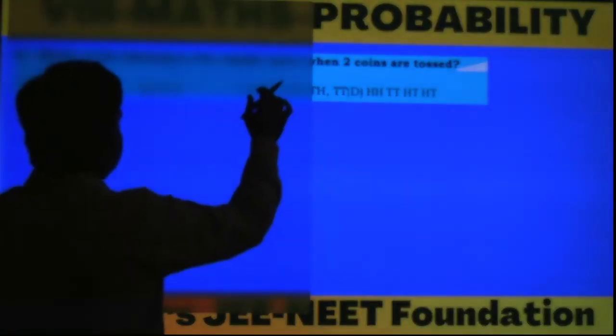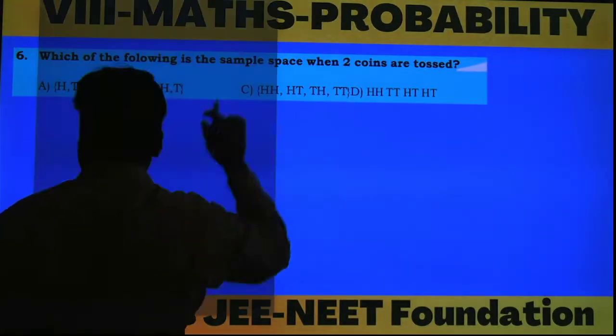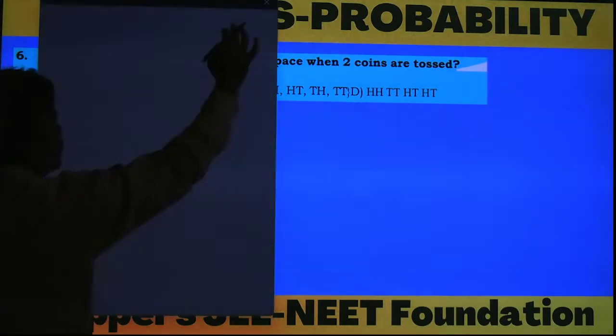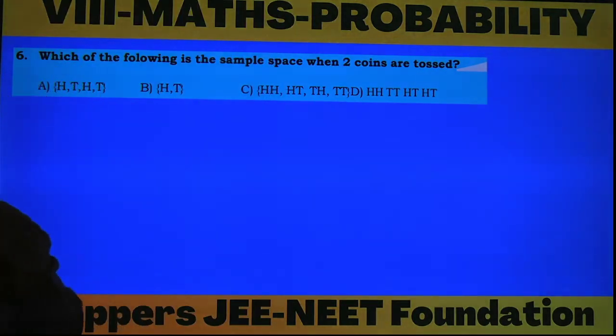Which of the following is the sample space when 2 coins are tossed? If two coins are tossed, then what are the possible outcomes?